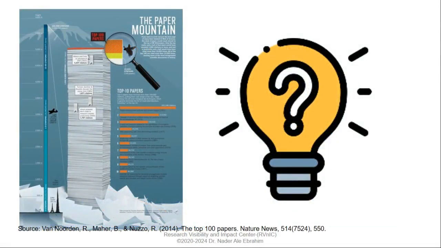One paper published in 2014 in Nature tried to compare the height of the first pages of papers published in the Web of Science, right now Clarivate Analytics, previously Thomson Reuters, but we usually call it ISI, whatever you call it, with the height of Mount Kilimanjaro, over 2.5 kilometers.